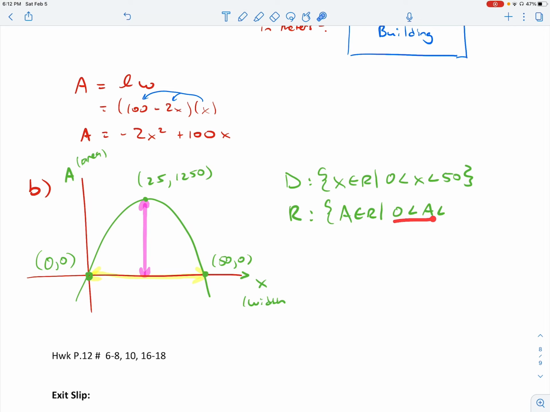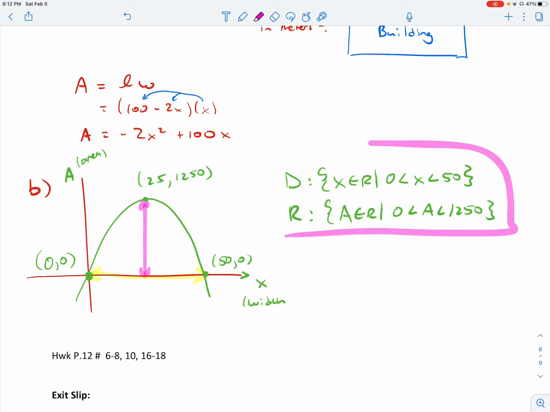That's what this means right here. And also A is less than 1250. So we will add that in as well here. Okay, and there you have it. That's our domain and range in context of a real life area situation.